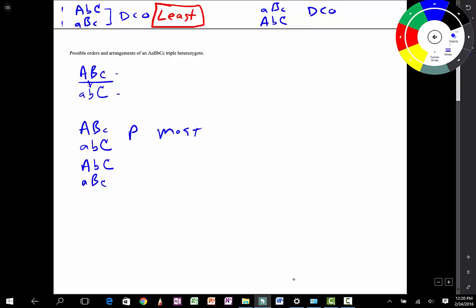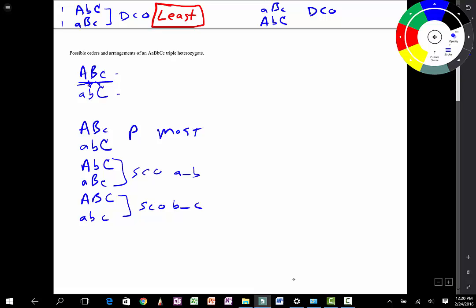That's a crossover between A and B. If we get a crossover just between B and C, we'll get big A, big B, big C, and little a, little b, little c. So these were single crossovers between A and B, and these were single crossovers between B and C.